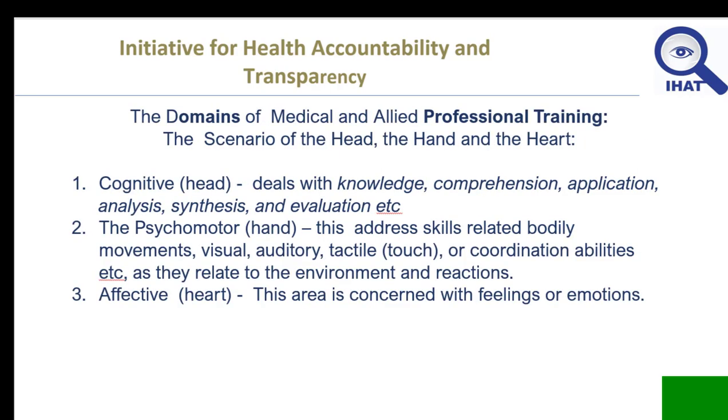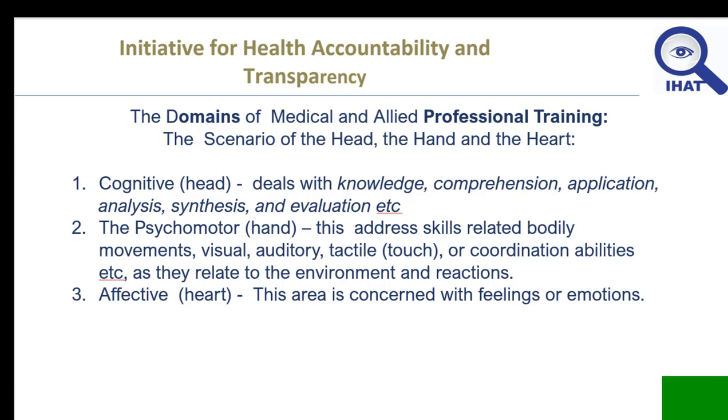We mentioned the domains of medical and allied professional training before, and the scenario of the head, the hand, and the heart. We mentioned cognitive, which is the head, and deals with knowledge, comprehension, application, analysis, synthesis, and evaluation.